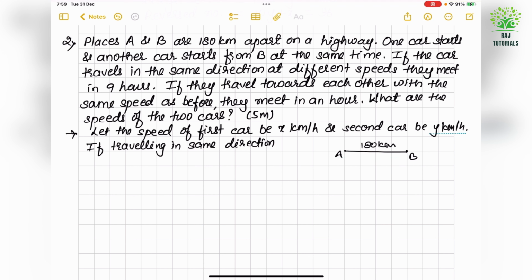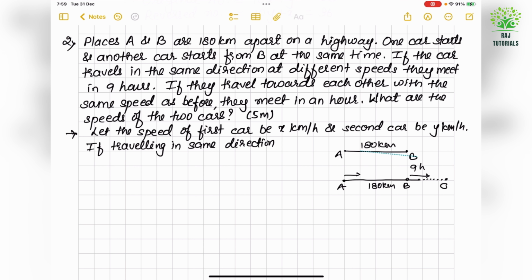Now, in this case, this is A, this is B point, and this is C point. Suppose this is 180 kilometer. One car is starting from here, one car is starting from here, and they meet after 9 hours.